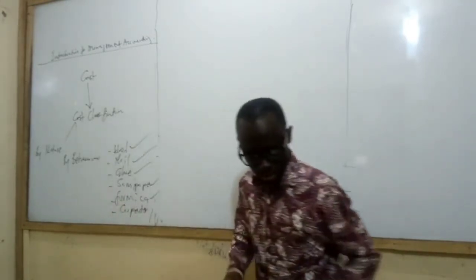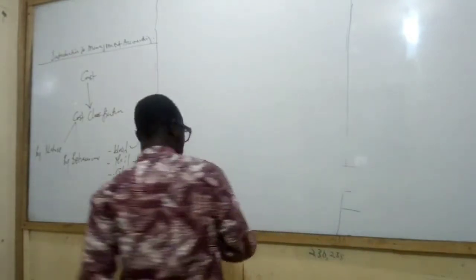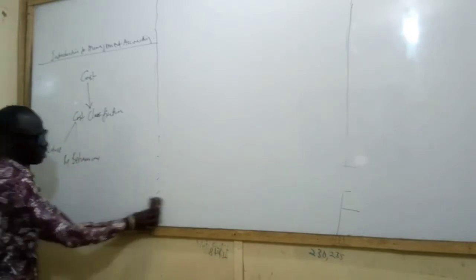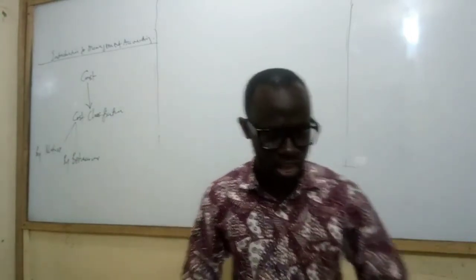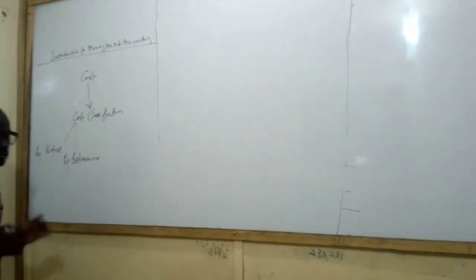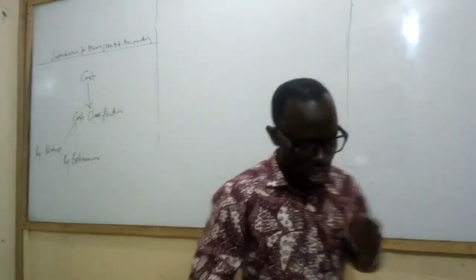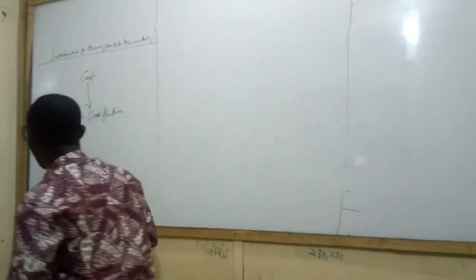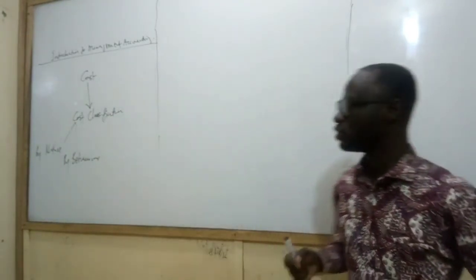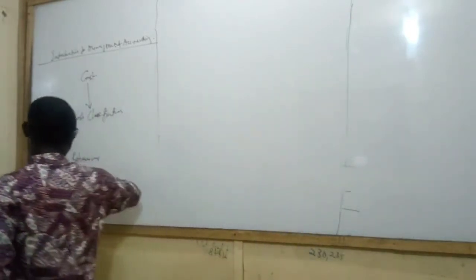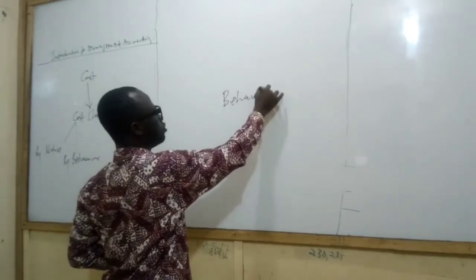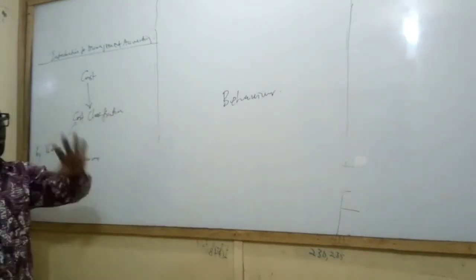This is where cost is classified according to how it varies with output levels. So that is behavior. So classification of cost according to behavior, according to how the cost varies with output level.